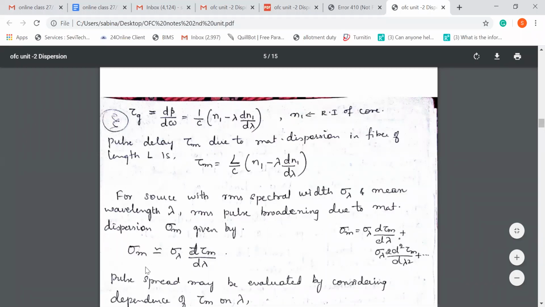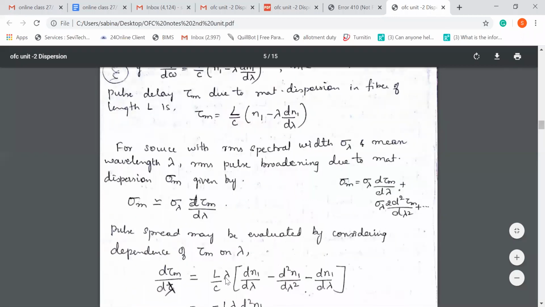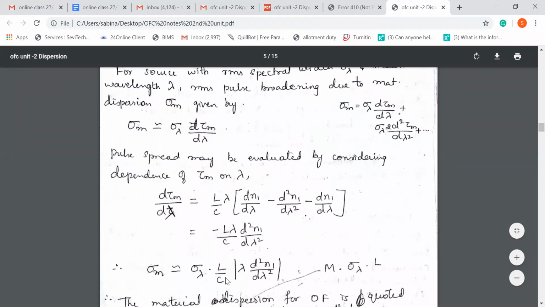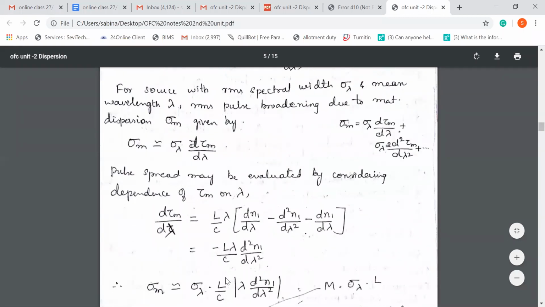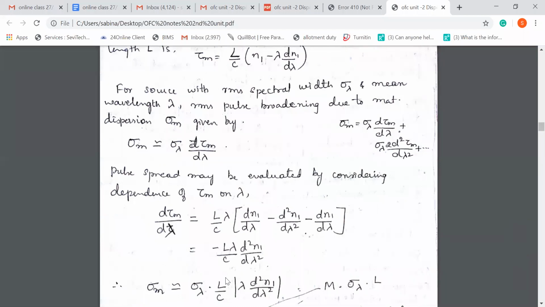Now you have to do the differentiation of tau m with respect to lambda. You have this tau m, right? So you need to differentiate this equation.